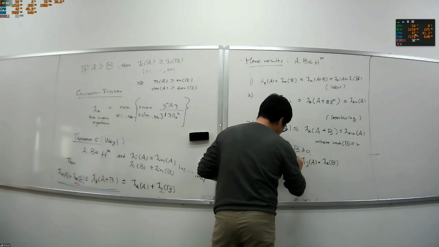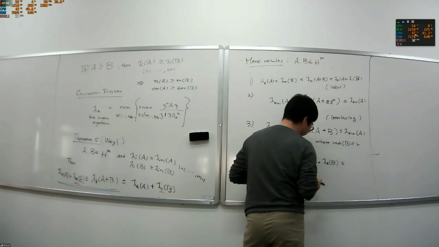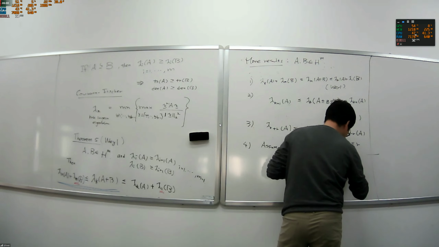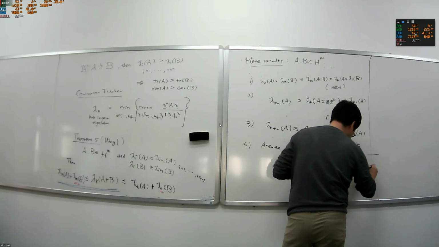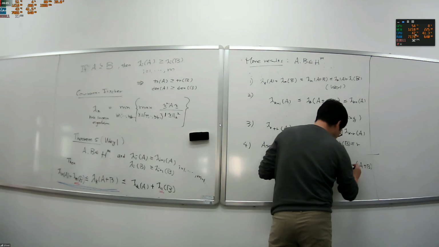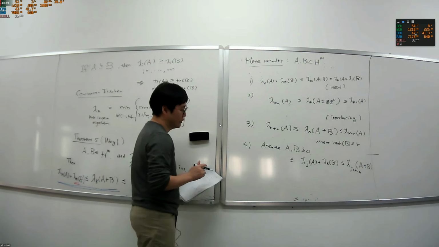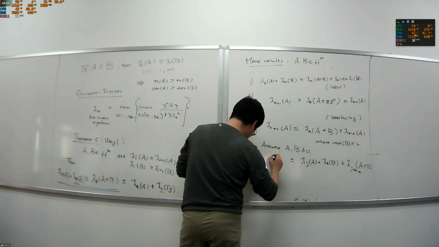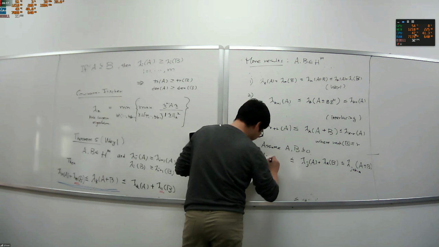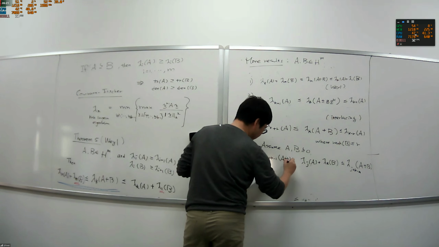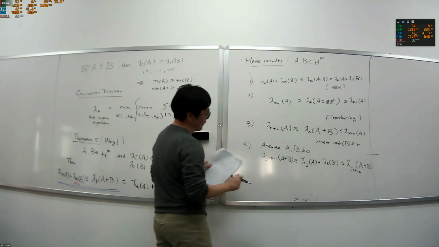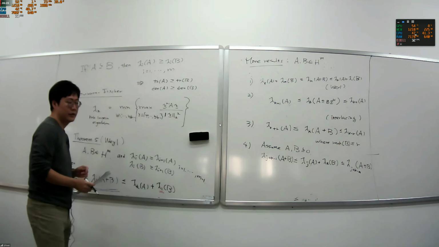Okay. Then this can be bounded by the eigenvalue of A plus B. Okay, so it's upper bounded by the (j plus k minus n)-th largest eigenvalue, and lower bounded by the (j plus k minus 1)-th eigenvalue of A plus B. Okay.